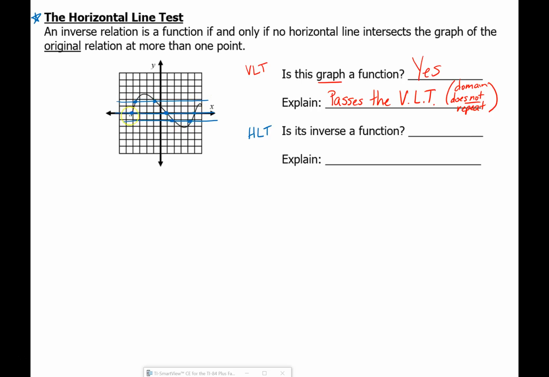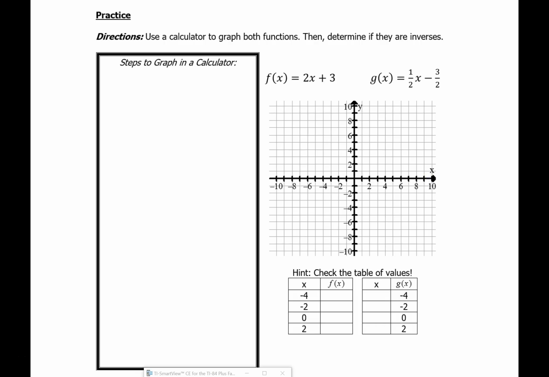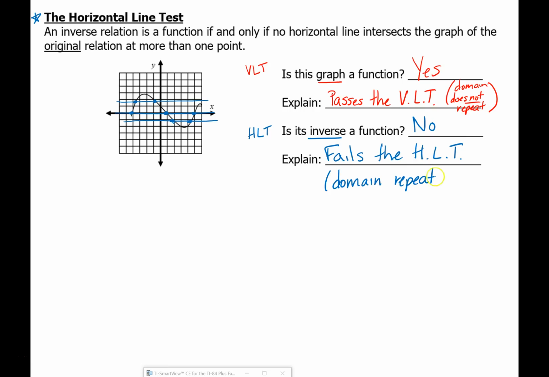It hits at 2 at the top one, it hits at 3 on the middle line I drew, and it hits at 2 again at the third bottom line that I draw. That means that the inverse is not a function because it fails the horizontal line test. You could also say here that the domain repeats, because for the inverse, it does repeat.